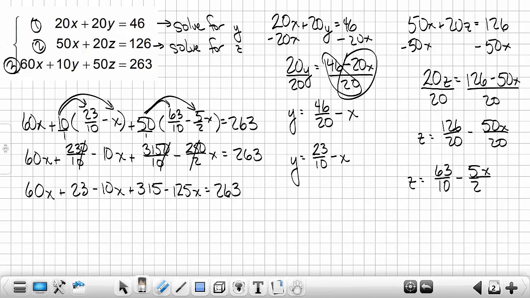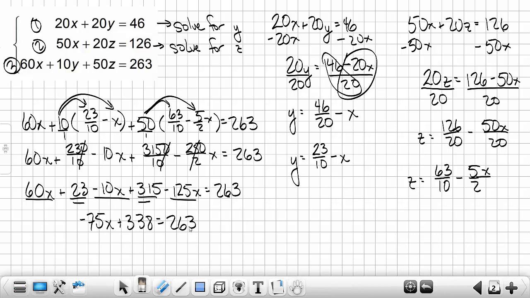Now combine like terms. 60 minus 10 is 50. Minus 125 is negative 75. 23 plus 315 is 338. And that's equal to 263.